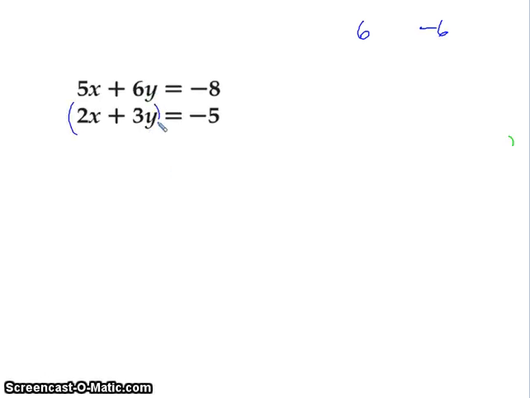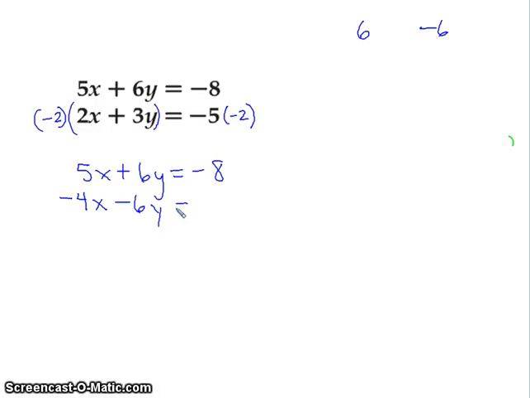So let's go ahead and multiply the second equation by -2. And I'm actually going to rewrite the first equation just so I don't make any mistakes. And then I have -4x minus 6y is equal to +10. And when I add these together, I get x is equal to 2. And then I can substitute 2 back into either equation to help me solve. So let's go ahead and do it in the second one.